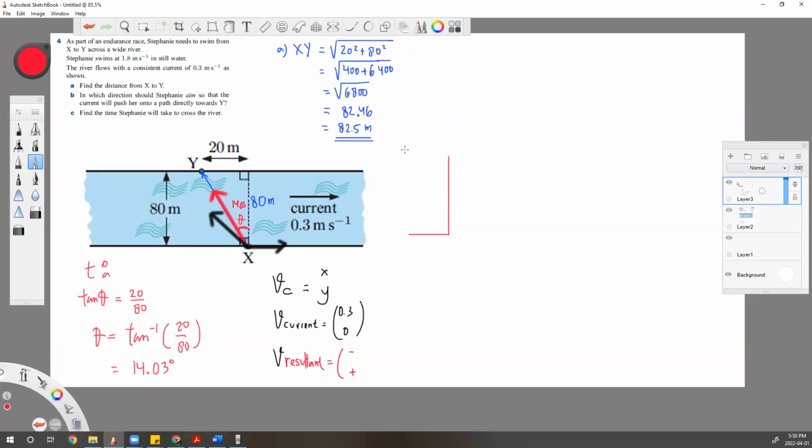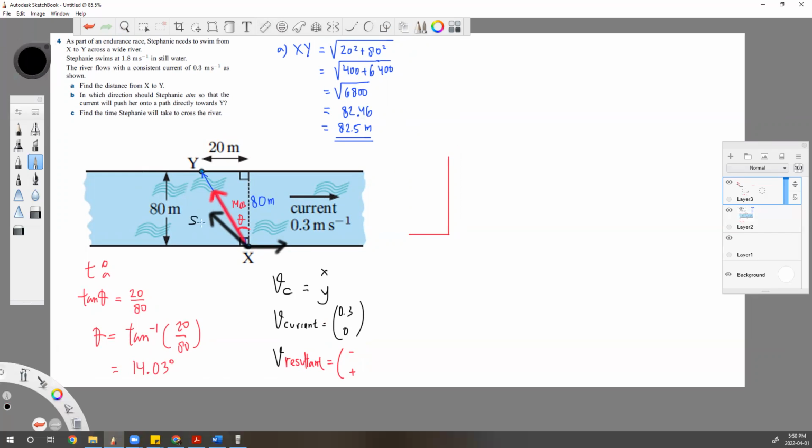Wait, what is the V resultant for? Resultant force is the result of Stephanie's swimming combined with the current. So Stephanie and current combined become red. Oh, okay. So the logic is quite complicated.